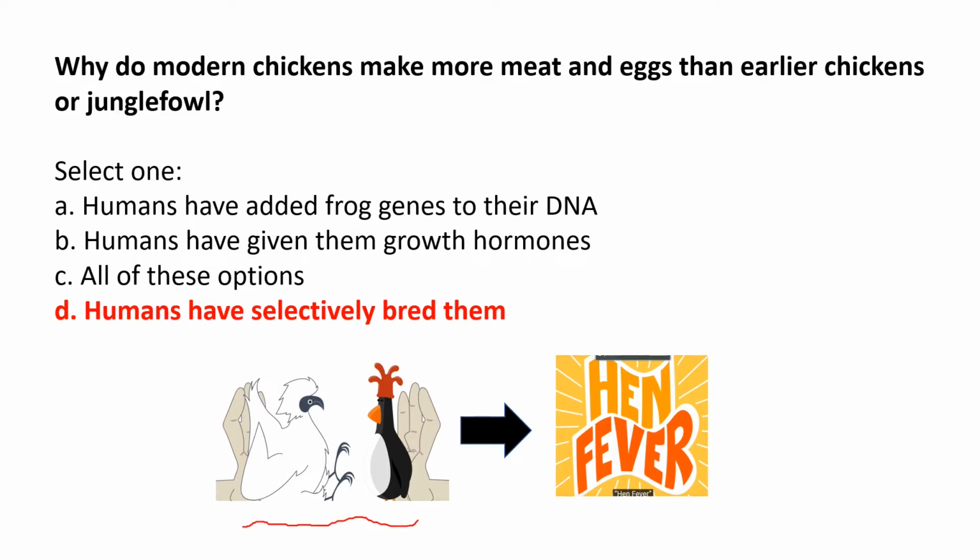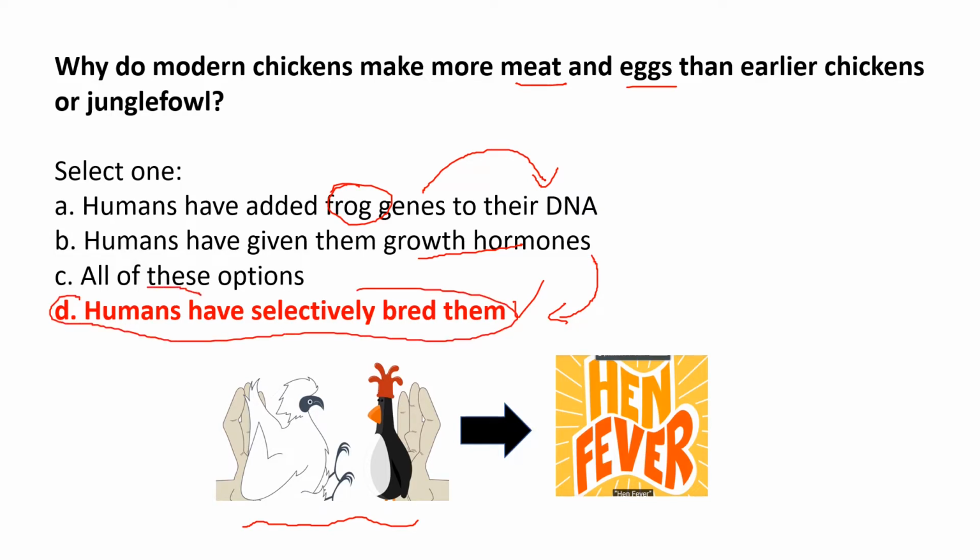Although it's possible to add genes from any species, even for example from frogs, into the DNA of the chicken, and right now we have the techniques, this is not the main reason why they produce more meat and more eggs. Although we can also add hormones, and they also play a key role, right now the main reason still is this. So the main reason of all this is selective breeding.